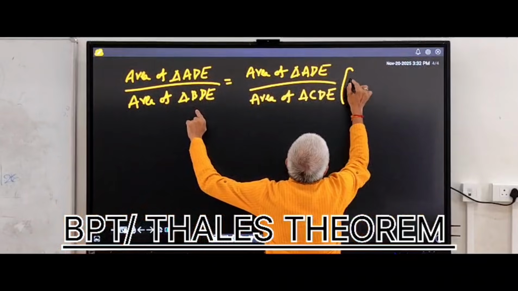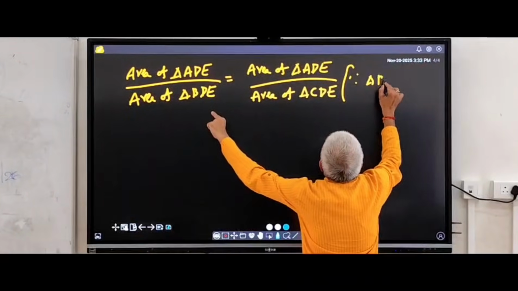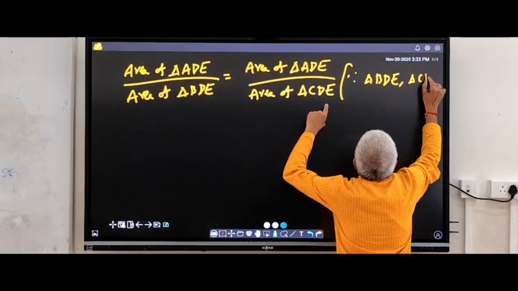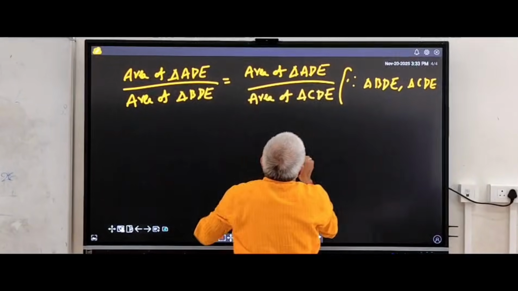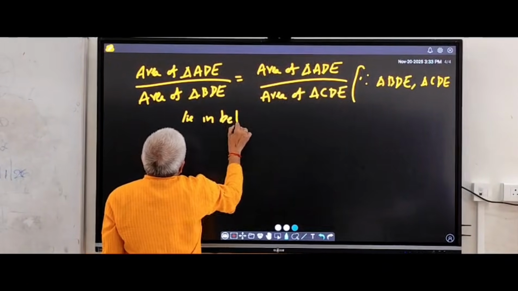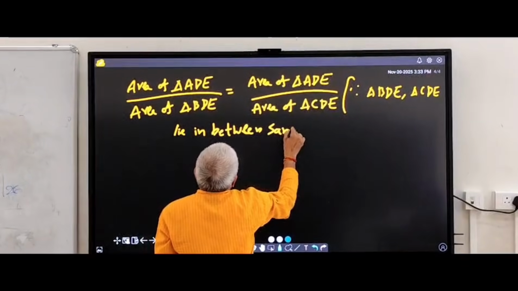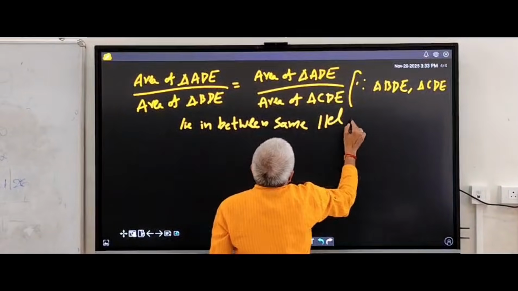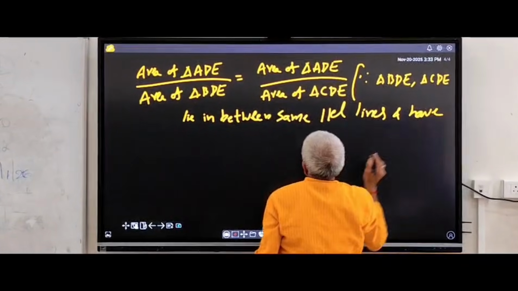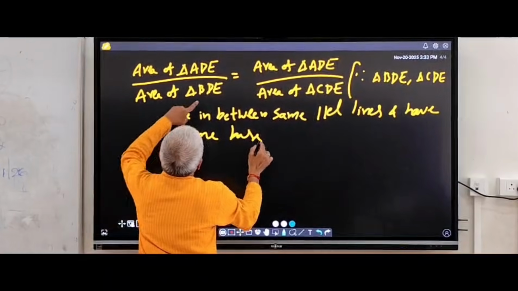What is the reason? Since triangle BDE and triangle CDE lie between the same parallel lines and have the same base, what is the base?